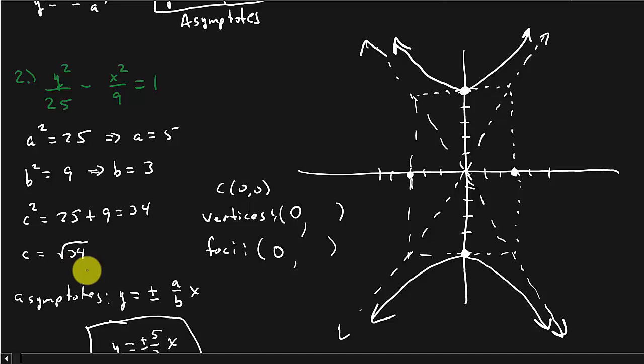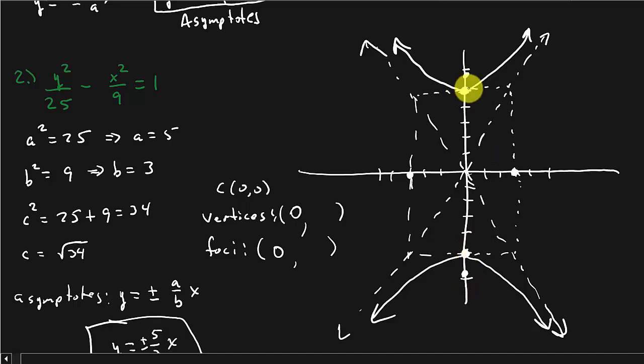Let's see, the foci, that's square root of 34. The square root of 34 is 5 point something, because 6 squared is 36. So if we put in another tick mark here, the foci is going to be about right in there. There's your foci. So here's your vertices, this one and this one.